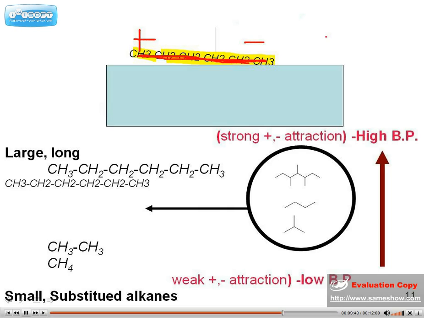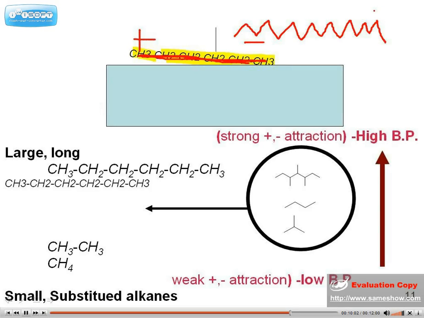So what this means in practice is, if I have a molecule that looks like this, a big molecule above 10 carbons, there's so much rocking that the London forces increase so much that this would actually be a solid.